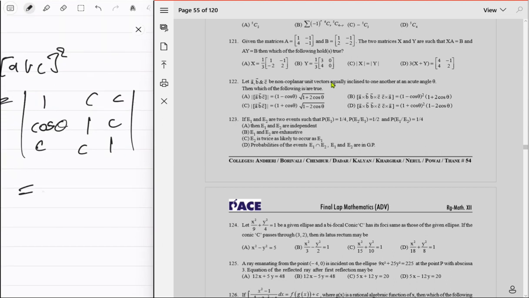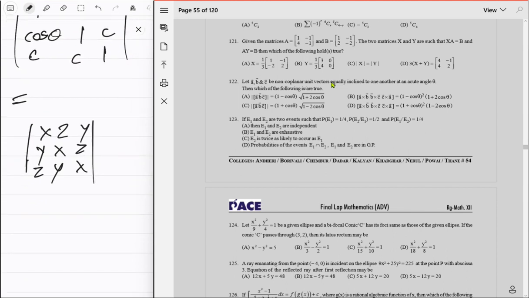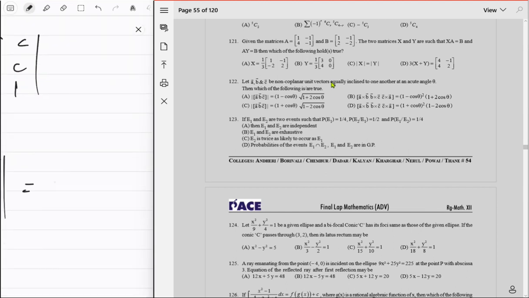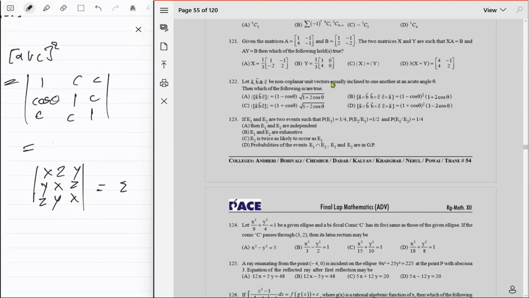So we know that when the matrix has x, y, z, and then going down, x, y, z, and then x, y, z, the determinant of this matrix is just the summation of x cube minus 3xyz. I derived this just now, 2 minutes into the video before starting. So x cube is 1, plus y cube is just cosine cube, plus c cube, minus 3xyz is just minus 3c squared.